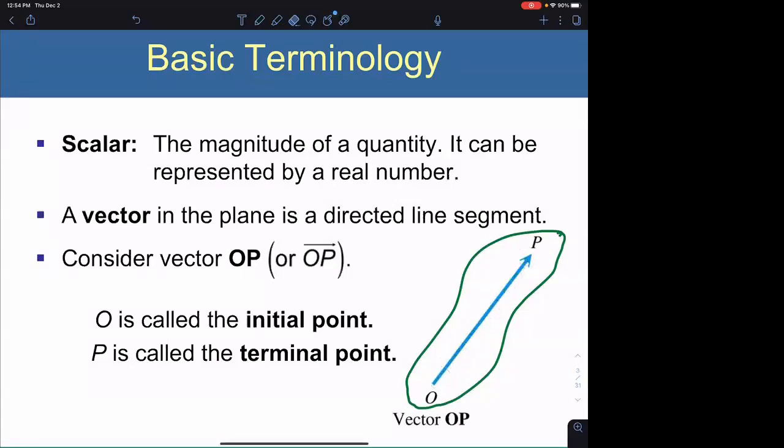So when you look at a vector, there's actually 2 components of a vector. The 2 components of a vector are the length and the direction. So when we're looking at this vector, you can imagine the direction it's going by the direction that the line is pointing.